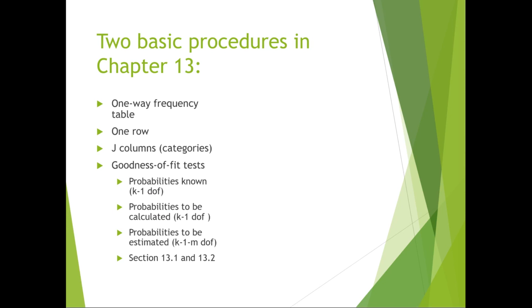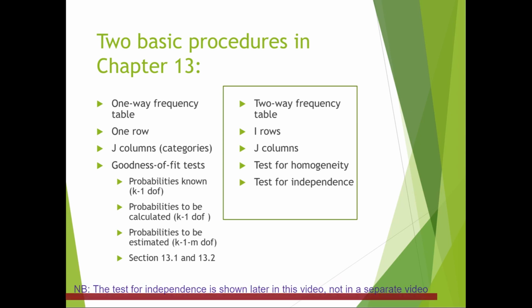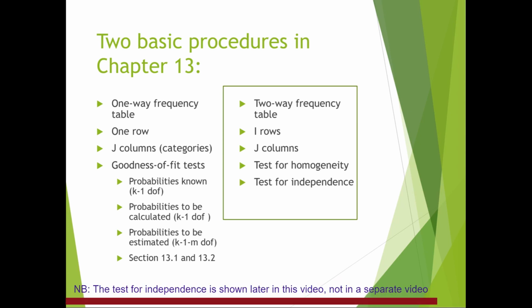In this video, part 1 and part 2, we'll be discussing two procedures for the analysis of a two-way frequency table, where instead of one row, we now have I rows, and we have j columns again. And we're going to consider the test for homogeneity in this video, and in the next one, the test for independence. Both of these are covered in section 13.3.